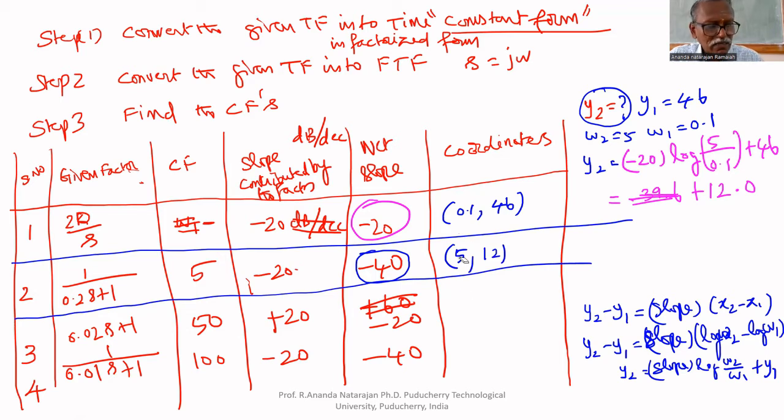Here this is omega 1, this is y1. Omega 2 is 50. This is omega 2, this is y2. Find y2. Let us call this y2; the latest value is y2.